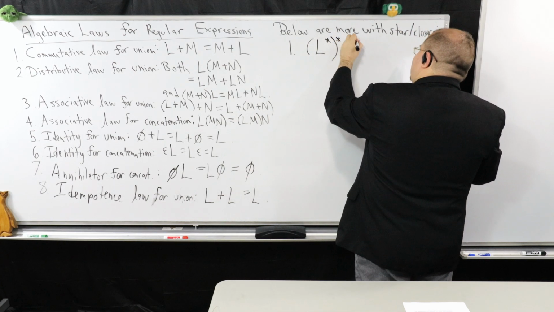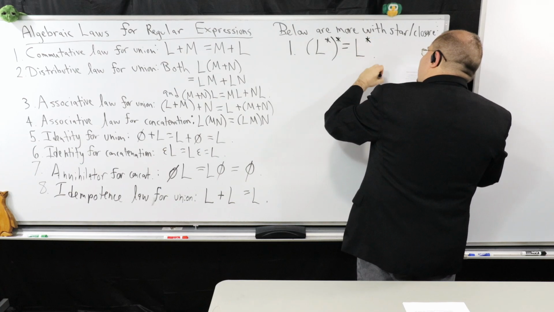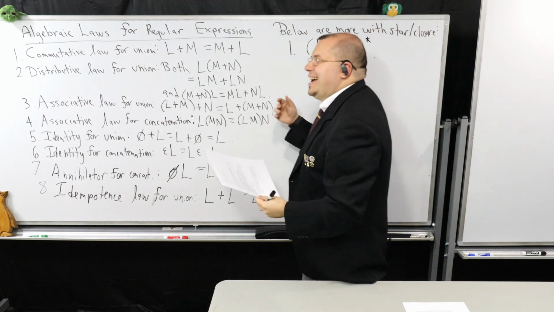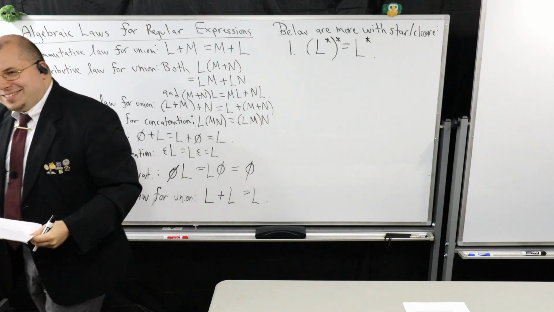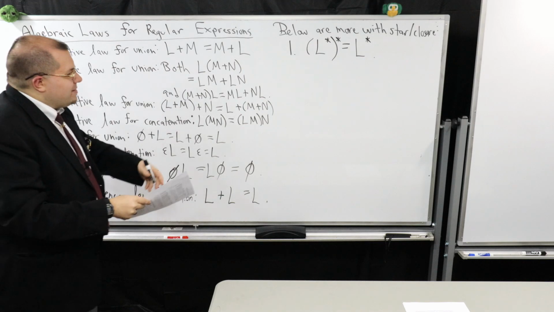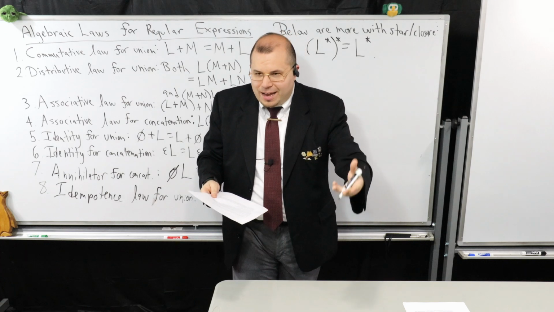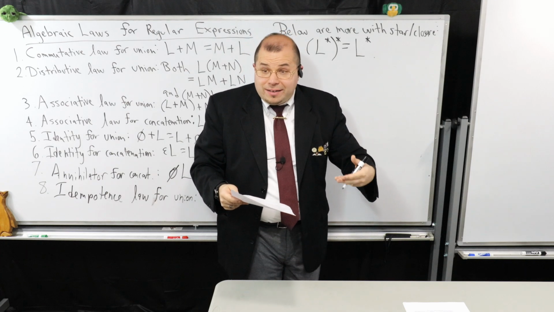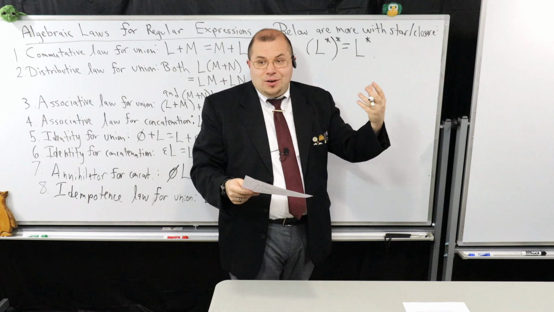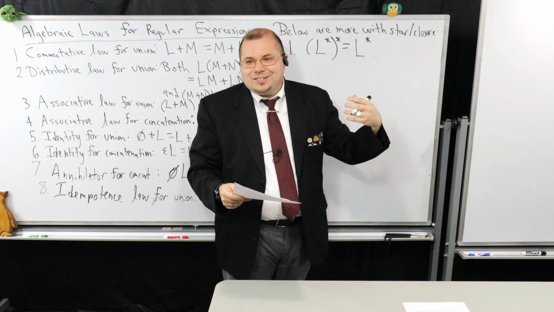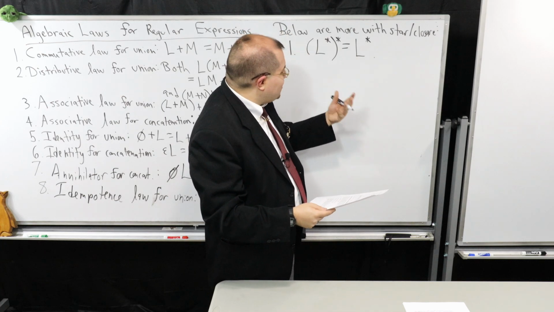If I give you L, I apply the star operator to it, then I have another star out here. This is actually equal to L star. You might ask, Dan, how the heck does that even work? Let me explain this. Remember what the star operator says. I could take none of the strings of L, one of each, two of each, three of each, and so on.